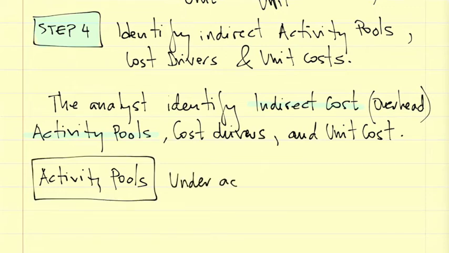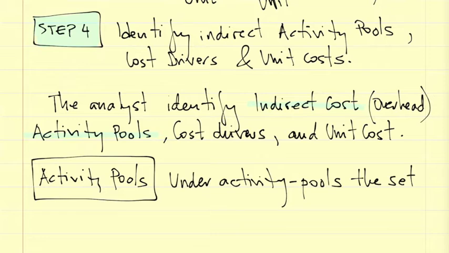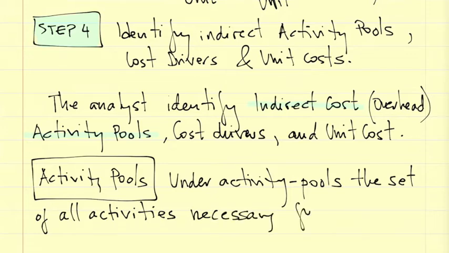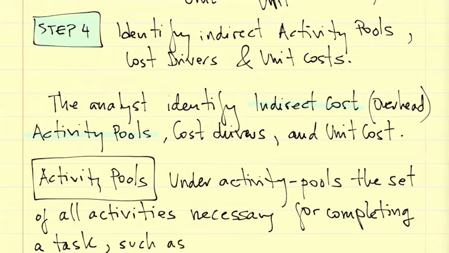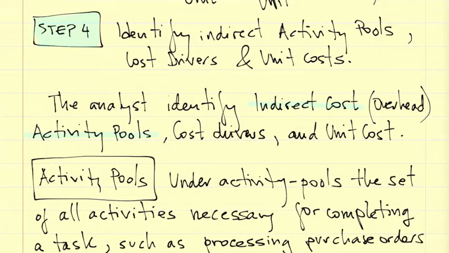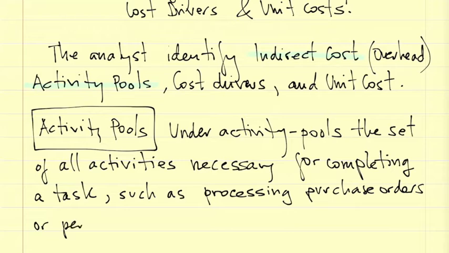Under activity pools, in activity-based costing, we understand the set of all activities necessary for completing a task, such as processing purchase orders, or performing machine setups.